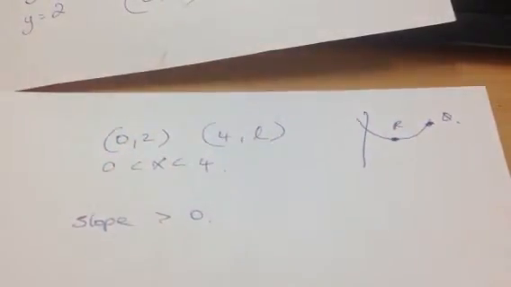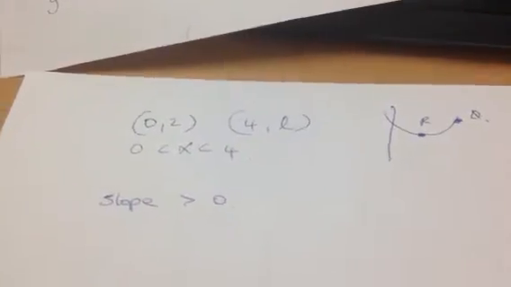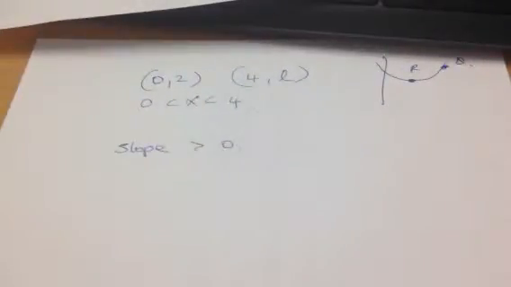So how do I prove something is increasing? I'm going to prove that the slope is greater than 0. Again, I have my slope formula. They want me to show that the slope of the tangent to the curve is always increasing.